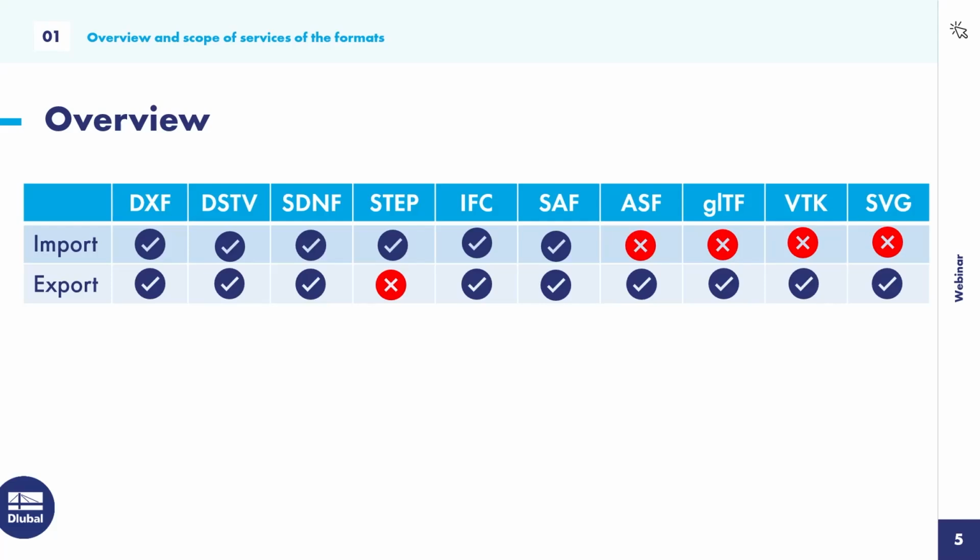Then we will continue with the SAF format, which is a new file format developed a couple years ago. The ASF format, which is probably more well-known for users of Allplan. And then 3 additional formats, which are probably not so well-known. Let's see what's behind that.